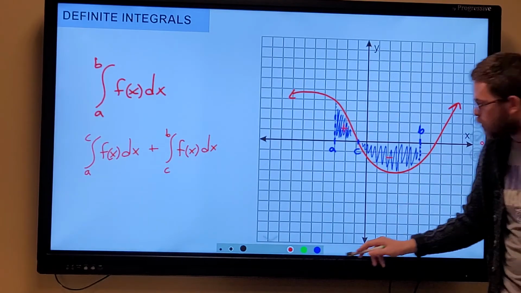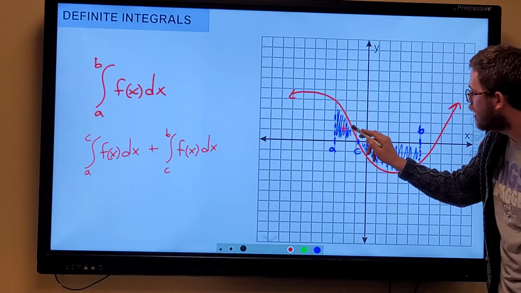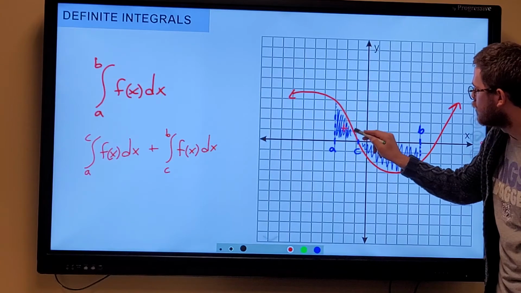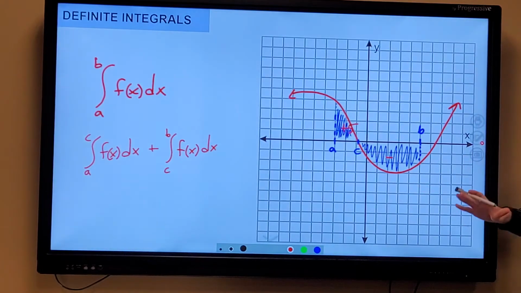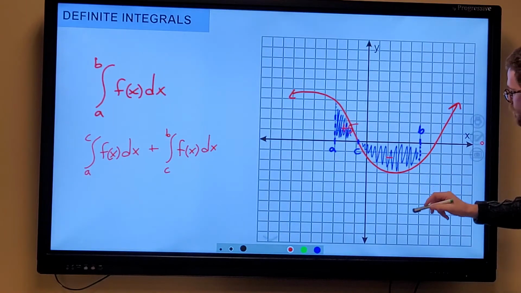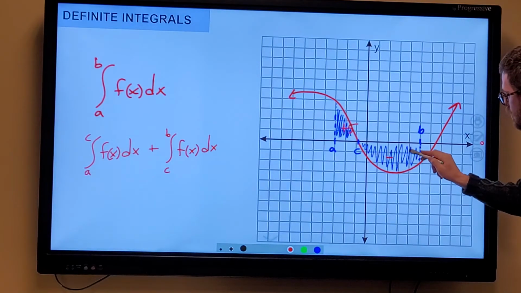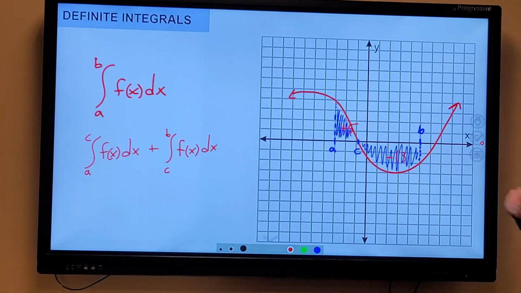And if we knew what these were, maybe this one right here is a positive 1, 2, 3, 4. Let's say it's 5. It's probably not really 5, but it's close to 5. We'll say this one's a negative 13.